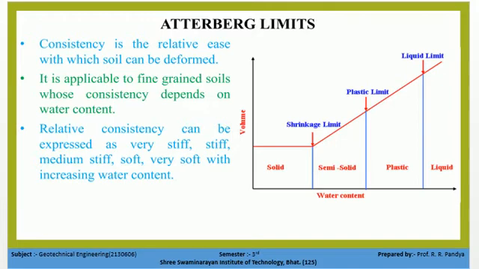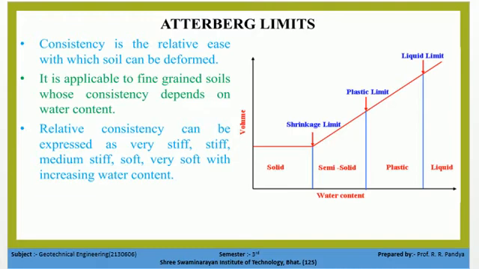with some functional things. The graph plotted here is of water content versus volume. On the ordinate is the water content, on the abscissa it's the volume. For a certain volume, a material is considered a solid, up to the shrinkage limit.